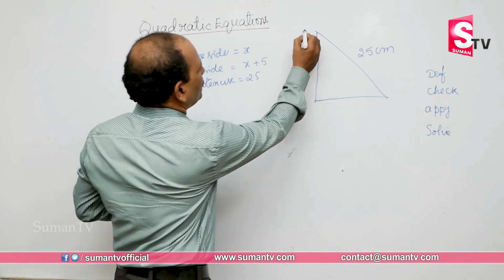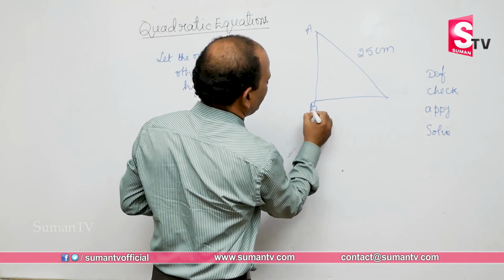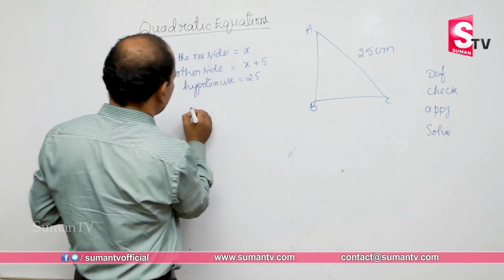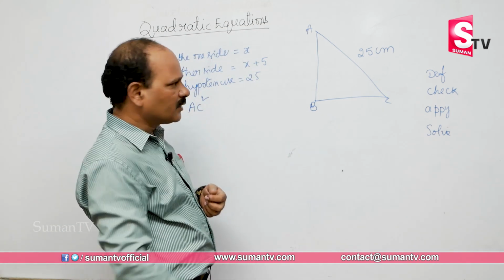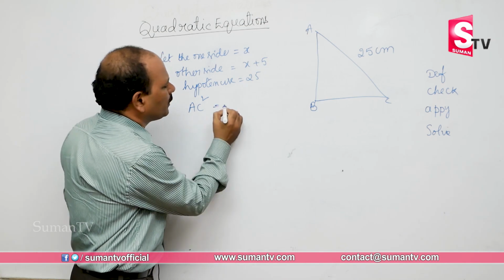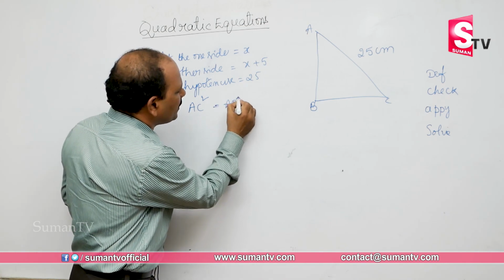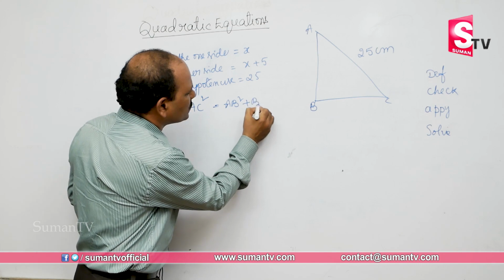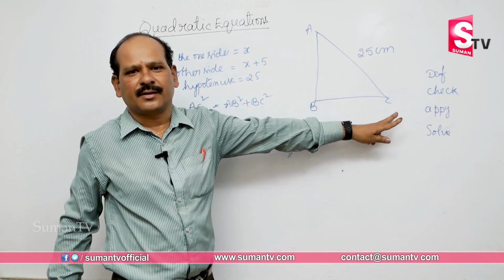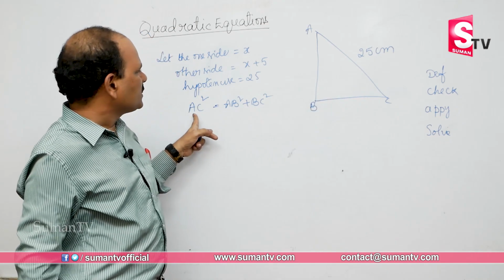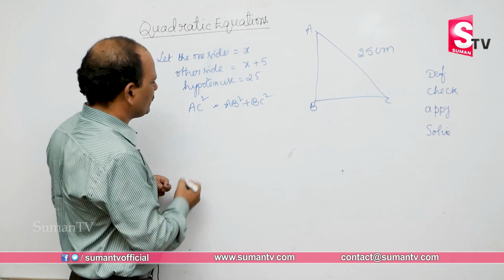I will name the sides A, B, C. Then the square of the hypotenuse, that is AC square, is equal to the sum of the squares of the other two sides, that means AB square plus BC square. Now the hypotenuse length is given as 25.